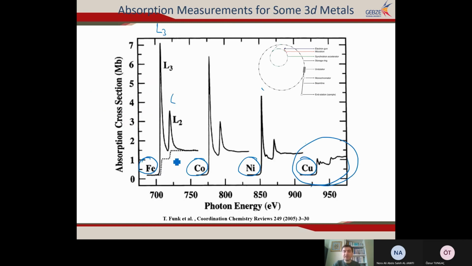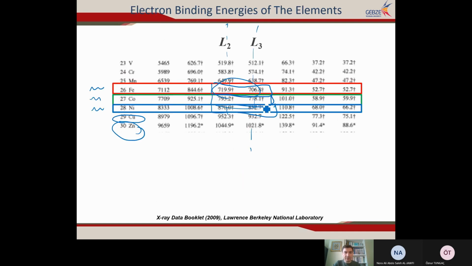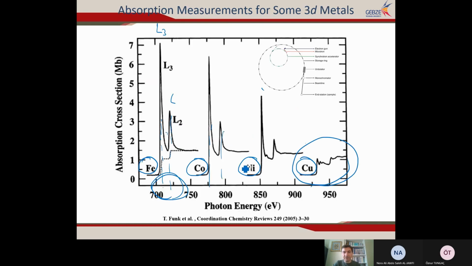And what do you see here? Look at the L3, L2 energies for the iron, around these energies, and look at the cobalt around these energies. So they never overlap.